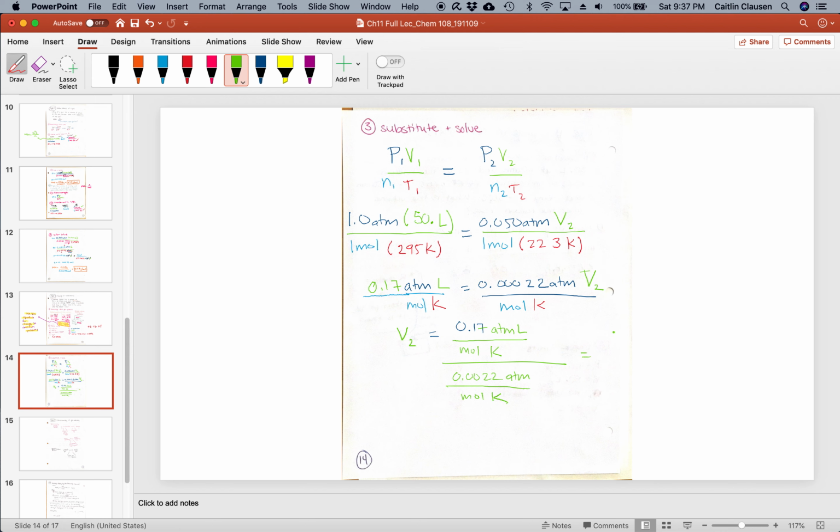Which is the same as saying divided by mole K times mole K over 0.00022 atmosphere. Atmospheres cancel, Kelvin cancel, moles cancel, and I'm left with 0.17 liters.